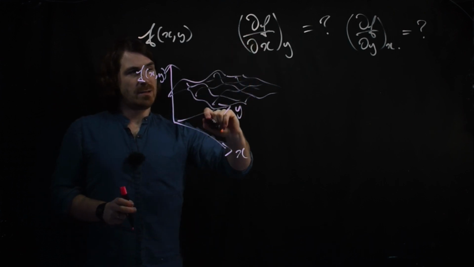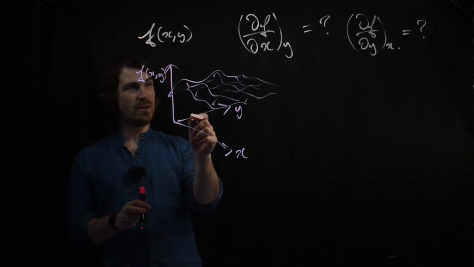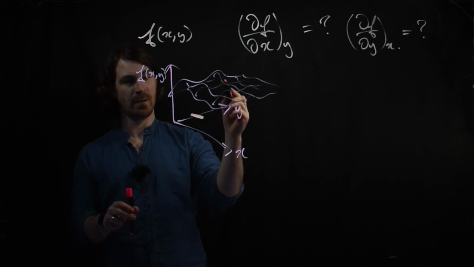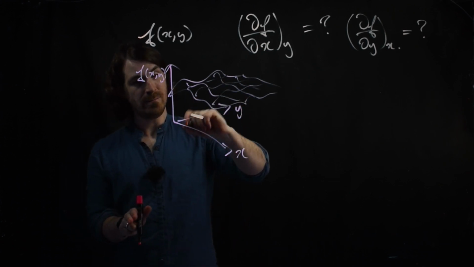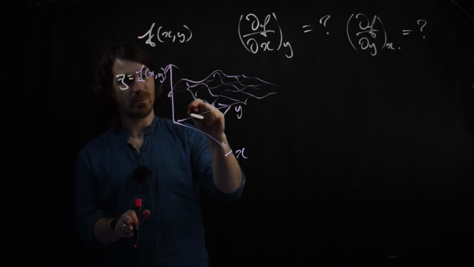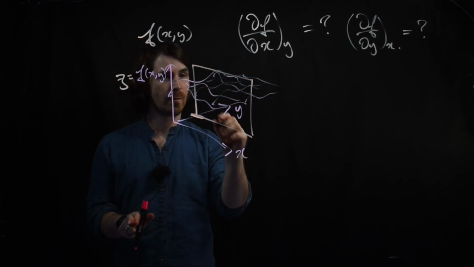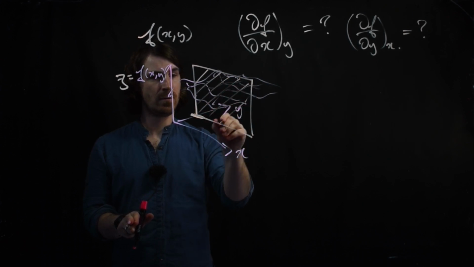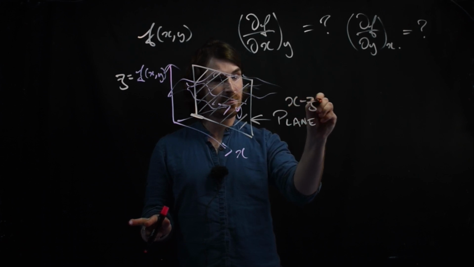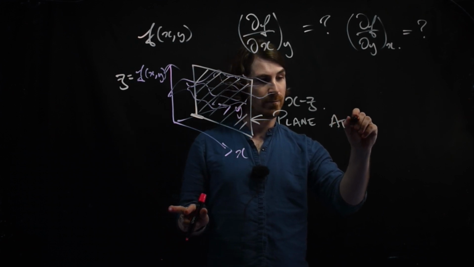Then df by dx, holding y constant, means we pick a value of y, and then we see how the function changes along x at that constant value of y. Okay, so if I draw a plane in the x, let's call this z, xz plane, at this constant value of y, this is a plane in the xz, at some y.